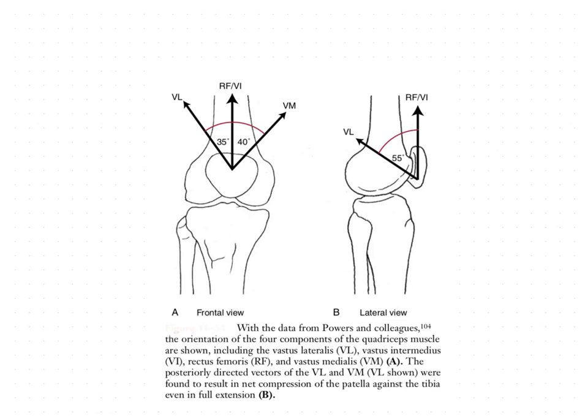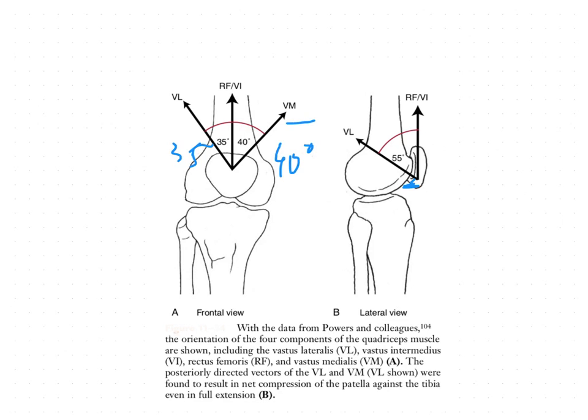Here you can find the ranges of variation. Vastus medialis is somewhat greater, 40 degrees, and vastus lateralis is 35 degrees. Because of their attachments on the posterior side, there is a net posterior or compressive force that averages 55 degrees in the extended knee.